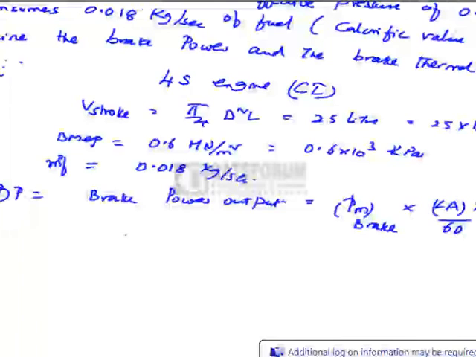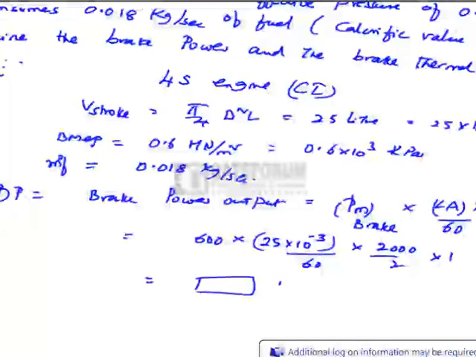This is equal to 600 kilopascal, that is brake mean effective pressure, times stroke volume 25 into 10 power minus 3 meter cube, times RPM 2000 by 2 divided by 60, into 1. This gives the brake power output directly in kilowatts.